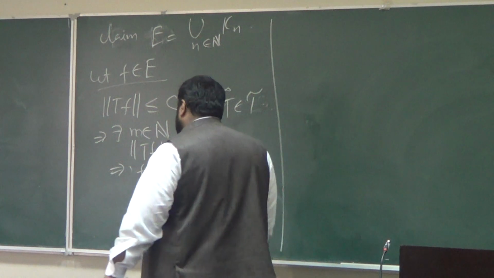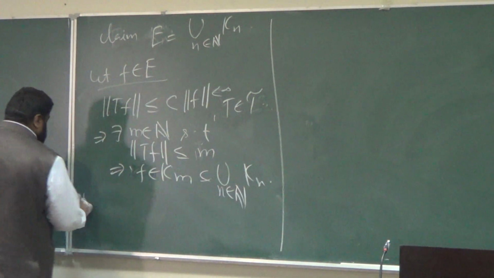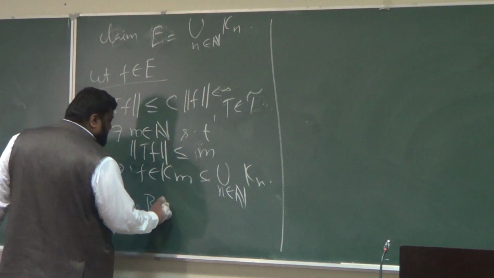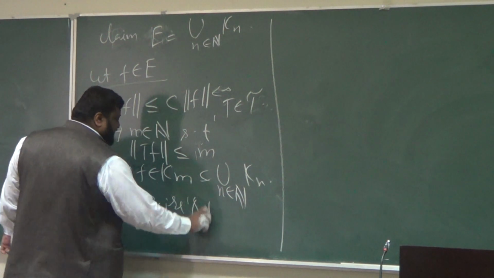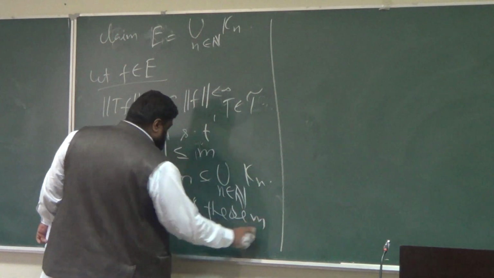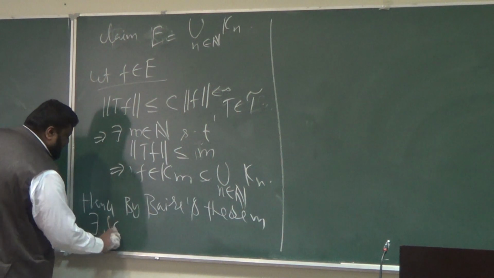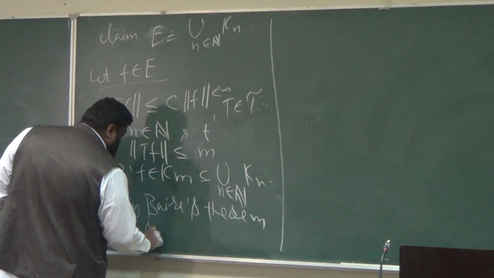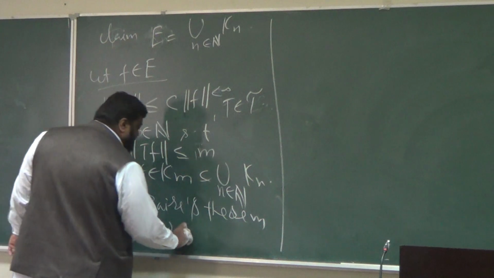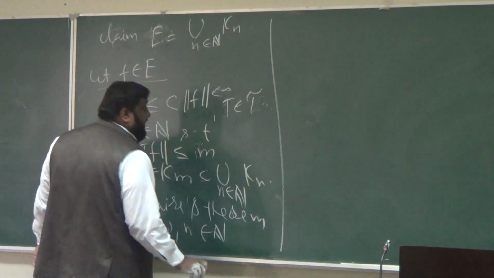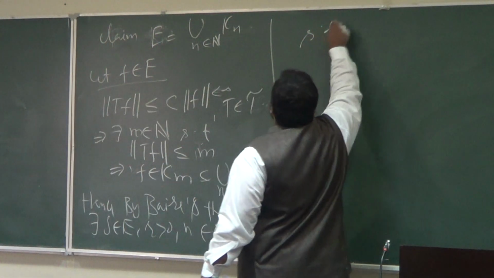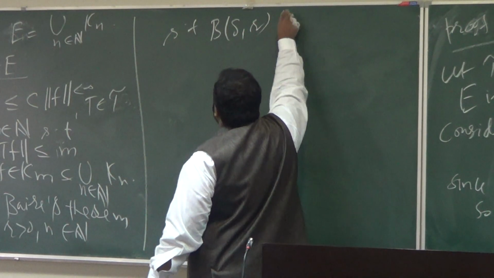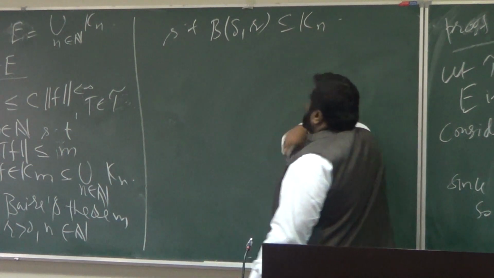So by Baire's theorem, there exists some G in E and a positive natural number R such that the closed ball centered at G with radius R is contained in Kn.